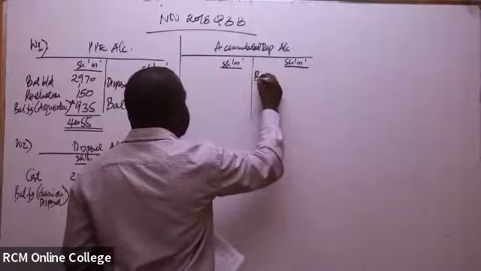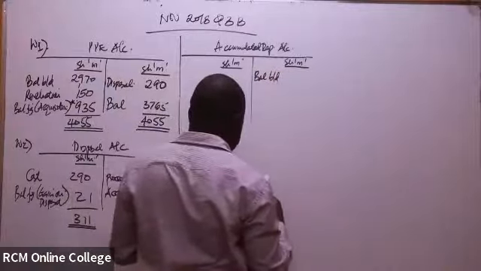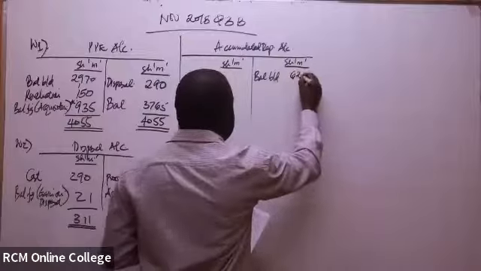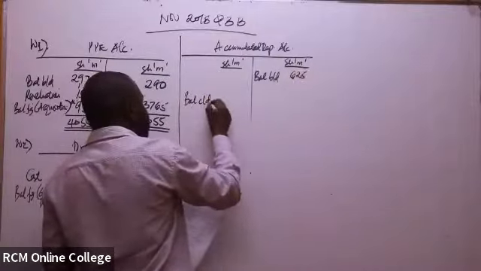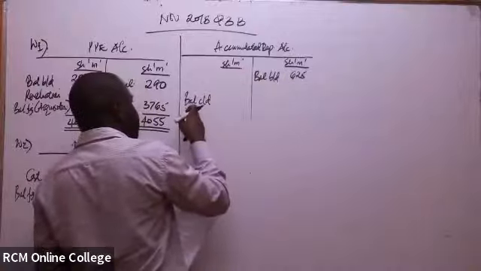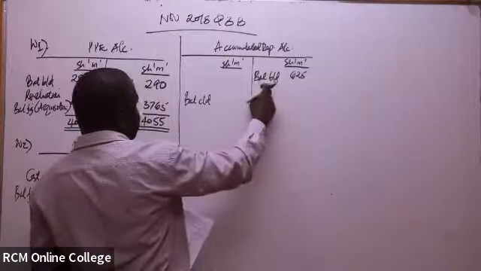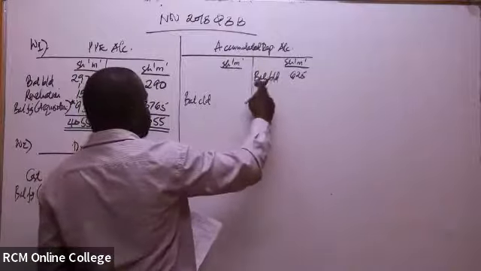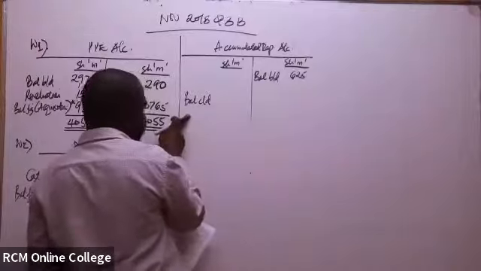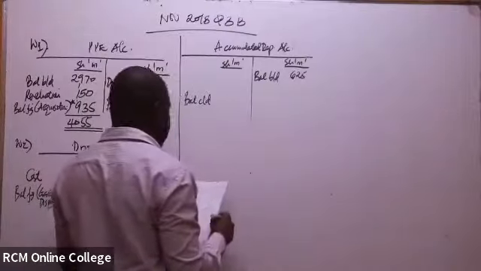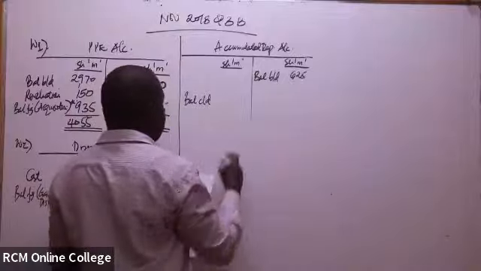We have a balance brought down of 625. Then you have the balance carried down at the end of the year, which will come this side. You know how the accounts normally operate: the balance brought down in the accumulated depreciation is normally on the credit side, and the balance carried down comes this side at the end of the year. At the end of the day, we have 934.